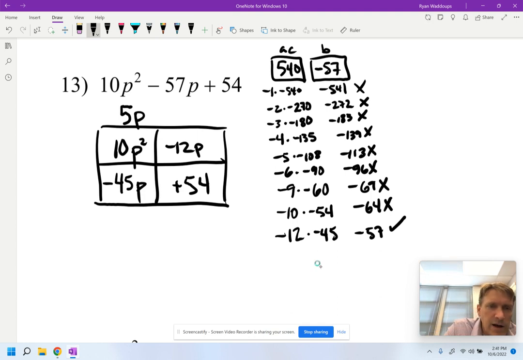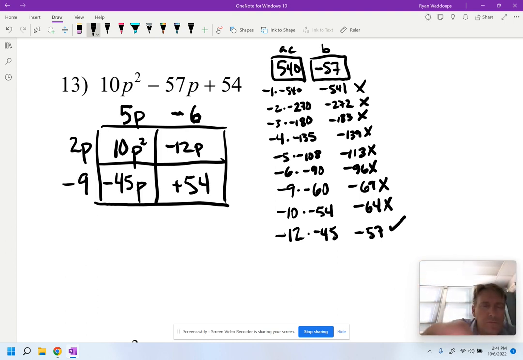And then for the other top row, we can go 2p between 10 and 12. And then I want to say negative 6. And down here, negative 9.